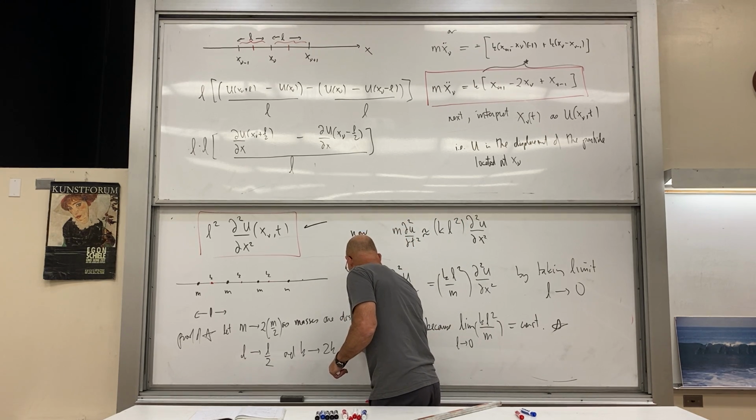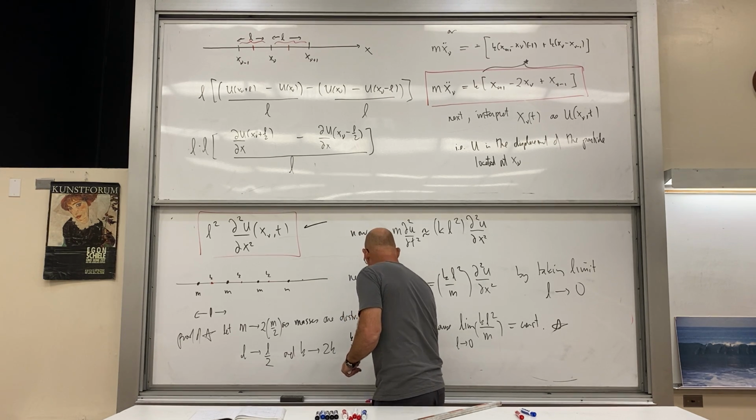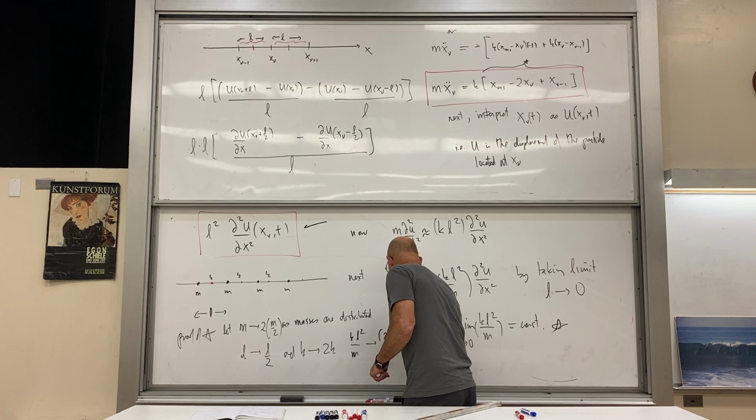You have K L squared over M goes to 2K L over 2 squared over M over 2.